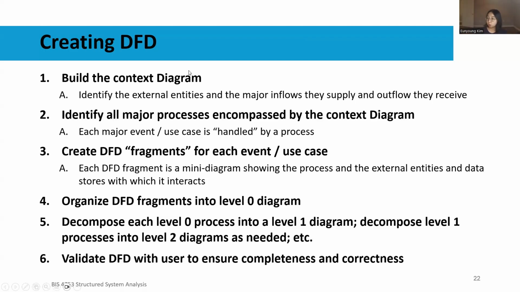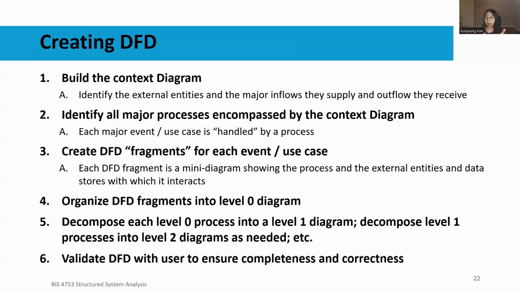And after that, you will create the DFD fragment, where you will focus on just one major activity. For example, evaluating manuscript. You will focus on this process and break down this evaluating manuscript process into sub-processes.